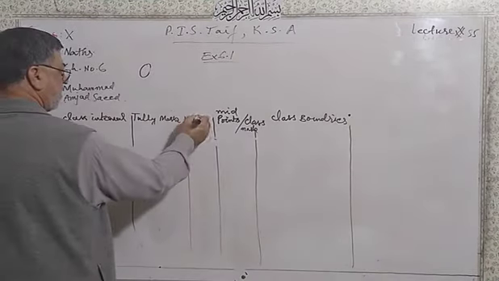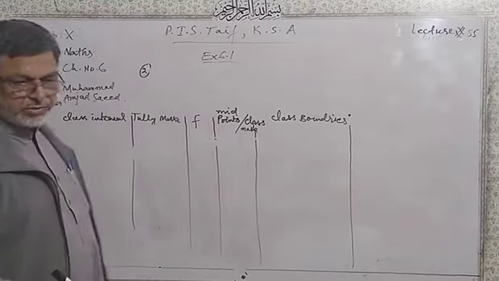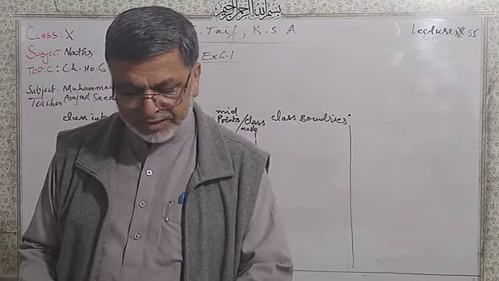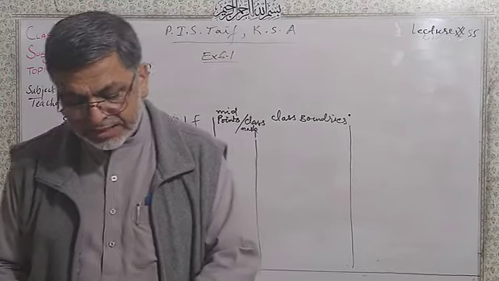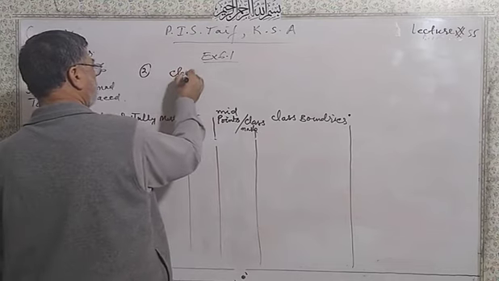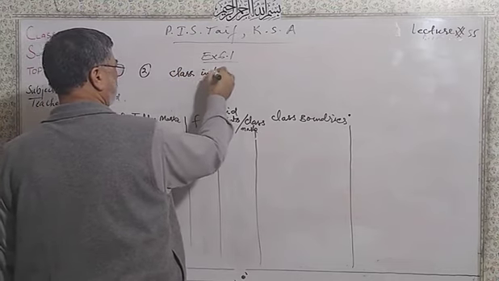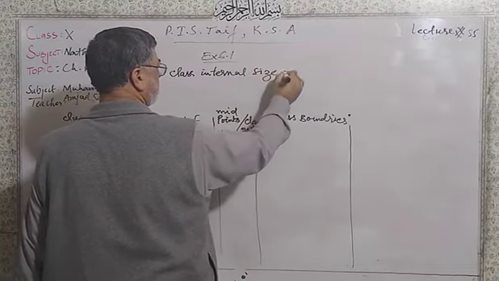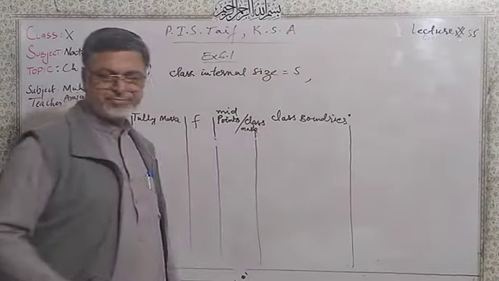Dear students, this is question number 2. There are 40 students of class 5. Make a frequency distribution using class interval size equal to 5.